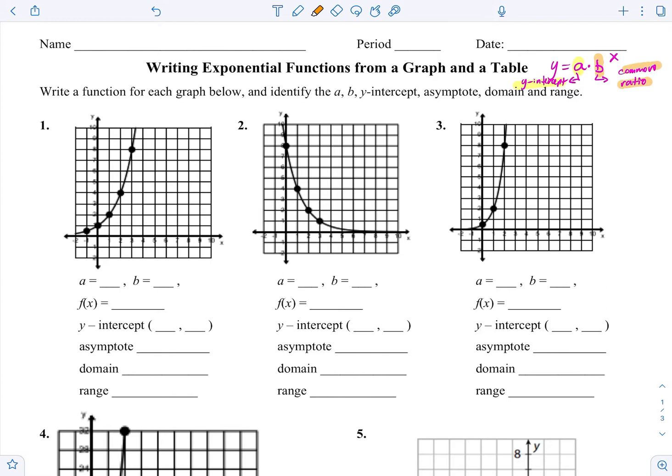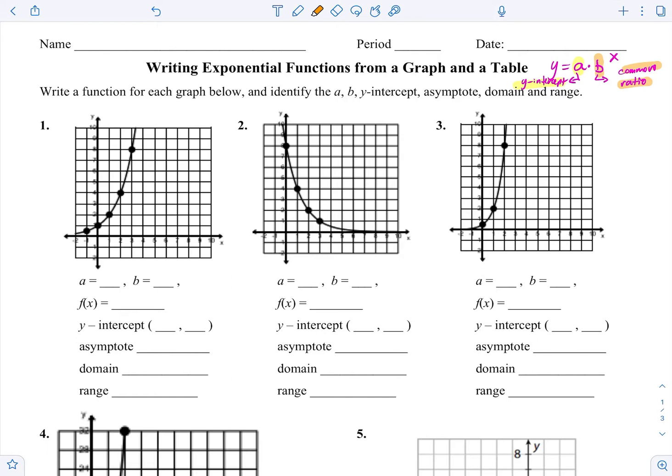And we remember that asymptote, we're talking about horizontal asymptote. This is the line that the graph is approaching but never touches. And then domain and range.